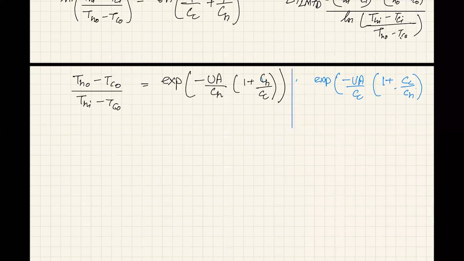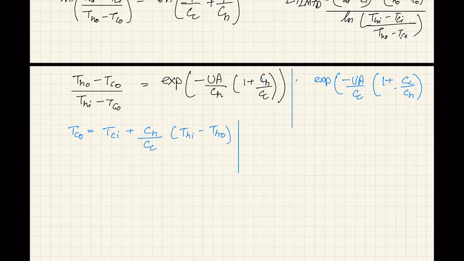So now I will use the energy balance and write out the expression for TCO. The expression for TCO will be TCI plus this. How did we get this expression?